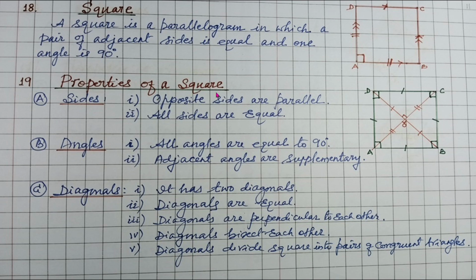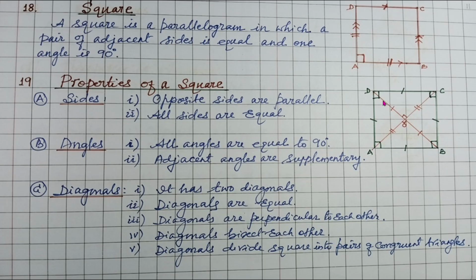Remember that. Now coming to the properties of a square. In terms of sides, the opposite sides are equal because it's a parallelogram, and all the sides are equal. So please remember this, all the sides are equal. It's very interesting to know that all the sides of a square are equal and all the sides of a rhombus are equal, but the only difference between a rhombus and a square is that in a square all the angles are equal to 90 degrees.